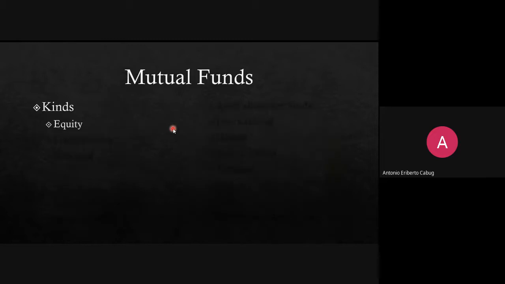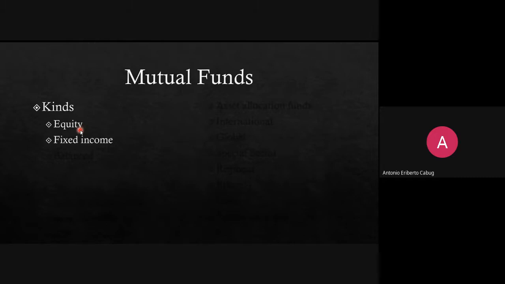What are the kinds of mutual funds? We have the following. We have equity funds. Equity funds consist of stocks, common stocks. So stock in company A, company B, publicly listed.